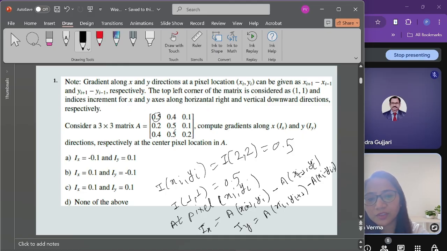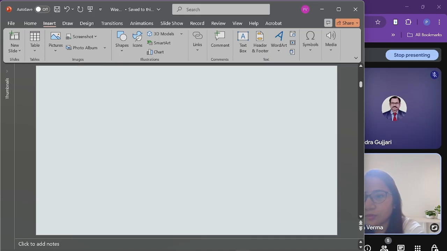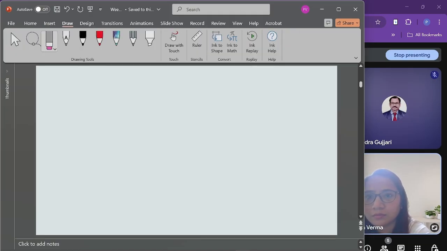Okay, so already we know the center pixel. In the horizontal neighbors, in this way, horizontal. So what will be the neighbors of 0.5 for the center pixel? I'm just removing this from here, or I can take another slide. First I have to write the matrix.